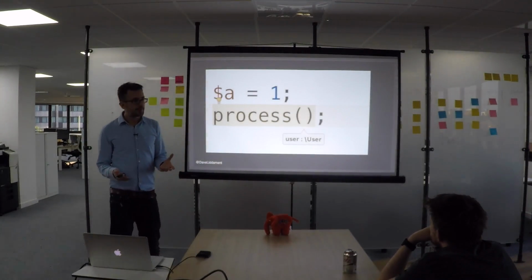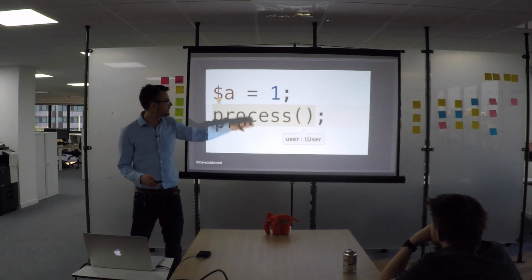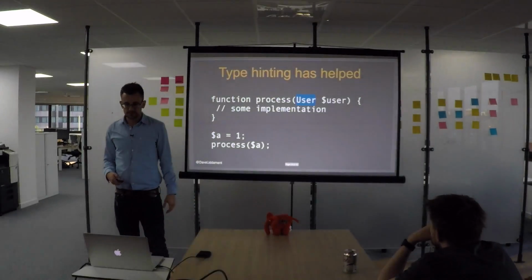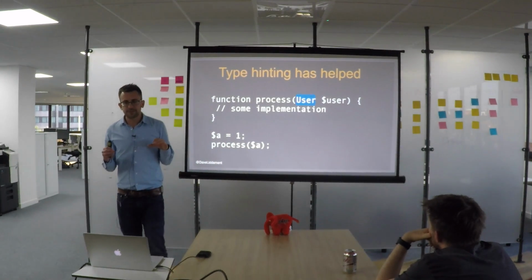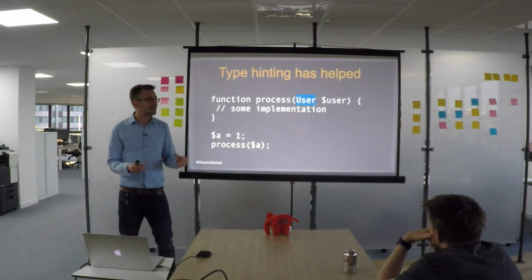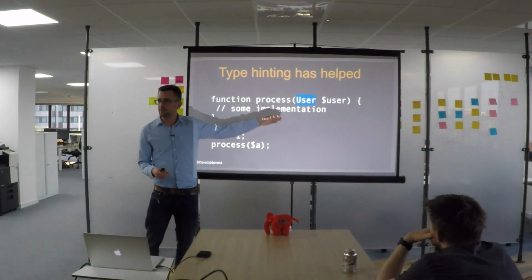But PHPStorm is even better than that, and so are all good IDEs. We've written process, and it's telling us that this is a user you need to pass in. So we know at this stage there's no way we can pass in $A. We need to pass in some kind of user object. So what we've done here is type hinting. We've said the user must be of type user. And that's valuable for a couple of reasons. One, any developer reading the code can see that whatever process does, it does it on a user object.